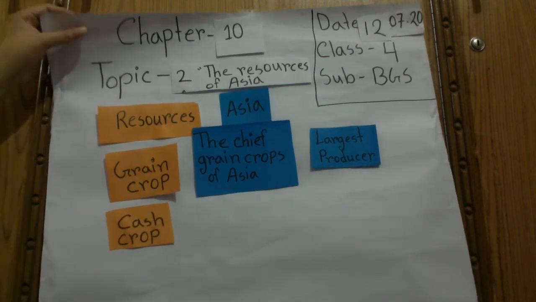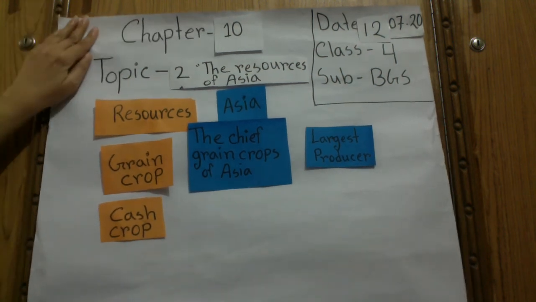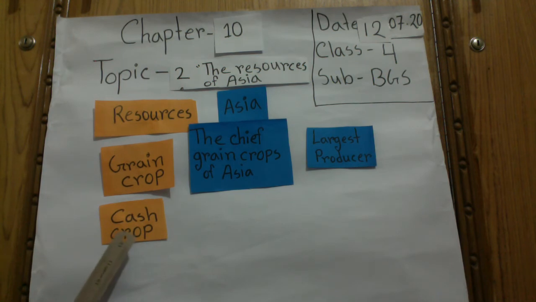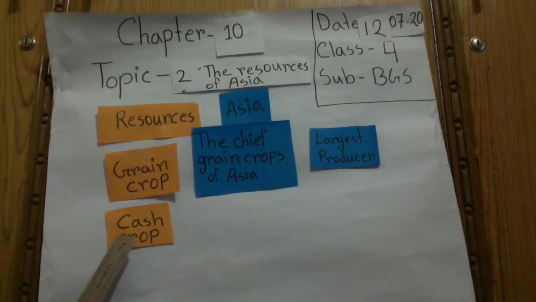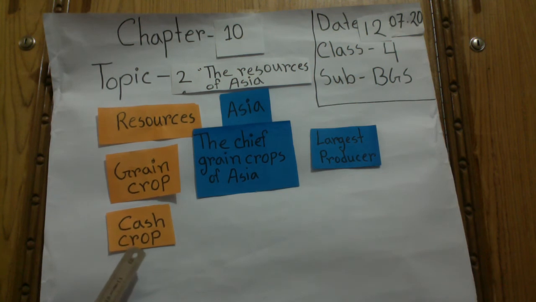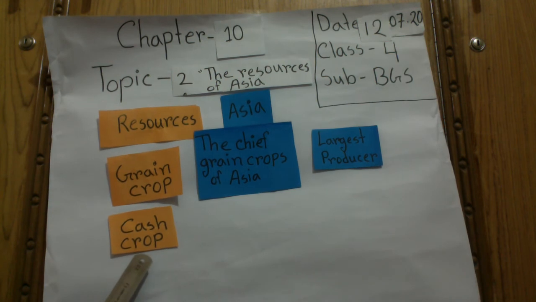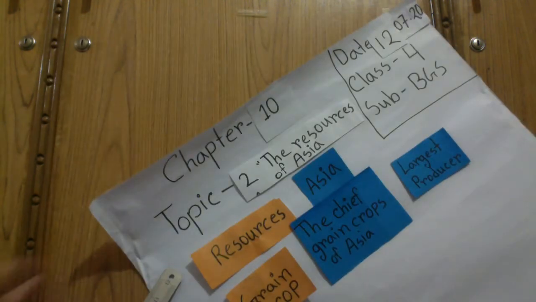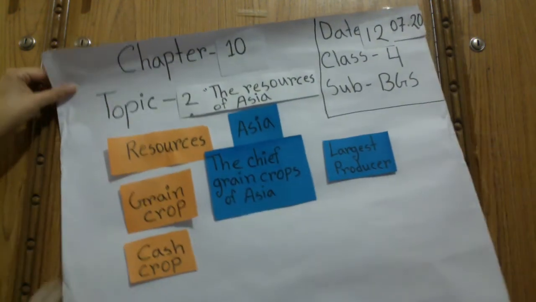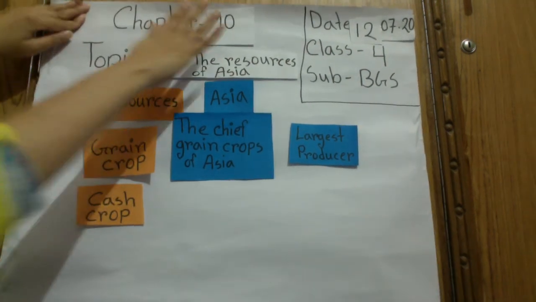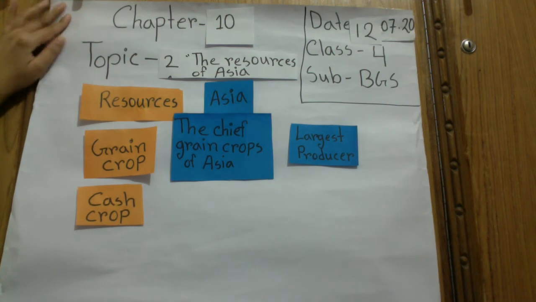So first we have to learn what is called cash crops. Agricultural crops which are sold for export to earn foreign currency. For example, jute, cotton, rubber, tea, coffee, sugarcane, silk, etc. This is the example of cash crops.